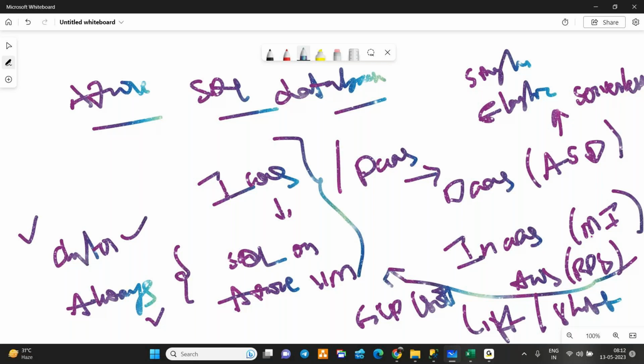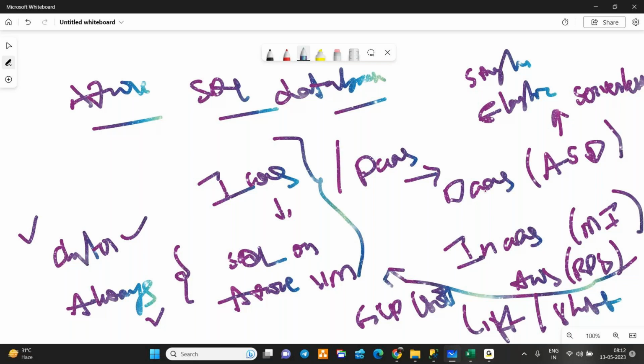Especially when you go to Azure SQL database, you will have a lot of compatibility issues when you compare with on premises. So whenever you start practicing, think about what you can do on-premises and what you can't do in Azure SQL database. Then you can become strong in Azure SQL database, because there are a lot of restrictions and compatibility issues you may come across.